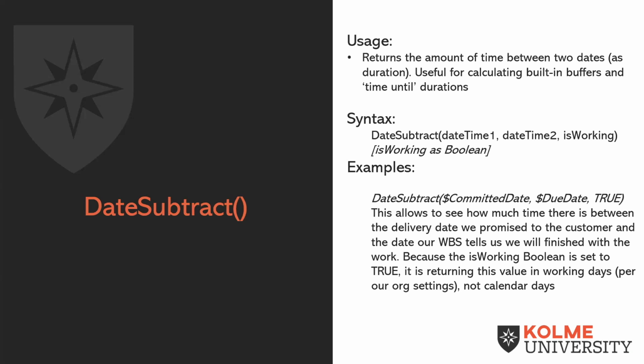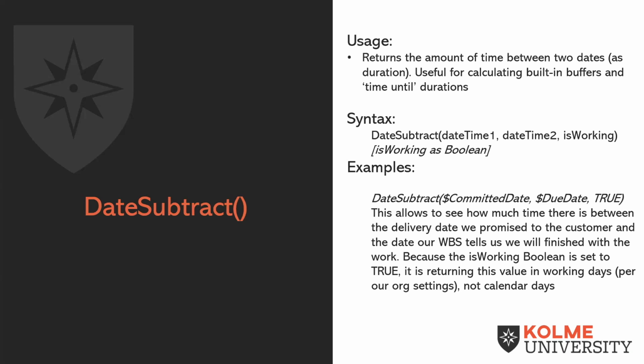Now, in looking at the syntax, we've got DateSubtract, parentheses, and then the first value, which is a date or date time one, and then the next one is a date time two. And then we have a flag called is working. Can you tell us about how that flag works? So with DateSubtract, it's going to return the number of days or the duration between the two dates.